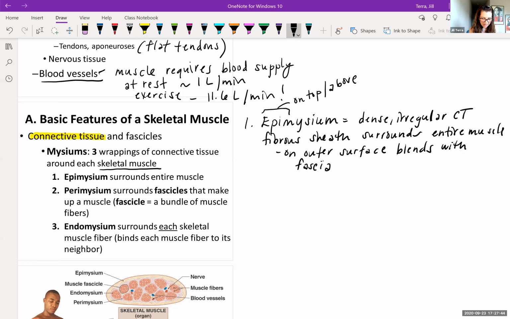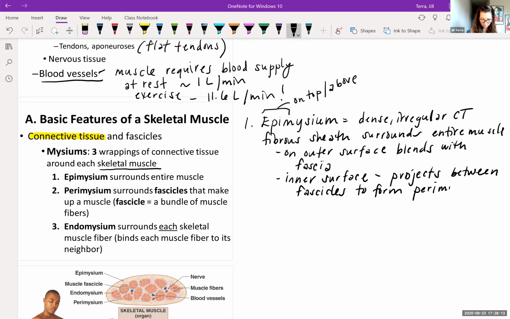And then we're going to see on the inner surface of the epimysium that it projects in between these bundles of muscle fiber cells to form this middle layer called the perimysium. Okay, so the inner surface of it projects between, and I'm going to define this for you, fascicles, to form this next mysium, this next wrapping called the perimysium.